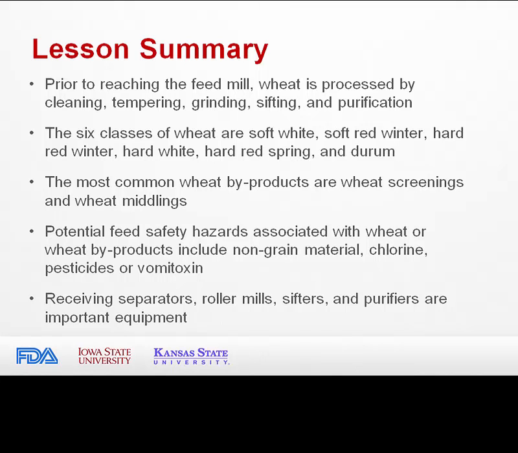The most common wheat byproducts are wheat screenings and wheat middlings. Potential feed safety hazards with wheat or wheat byproducts include non-grain material, pesticides, chlorine, or vomitoxin. And receiving separators, roller mills, sifters, and purifiers are important equipment in the wheat processing industry.